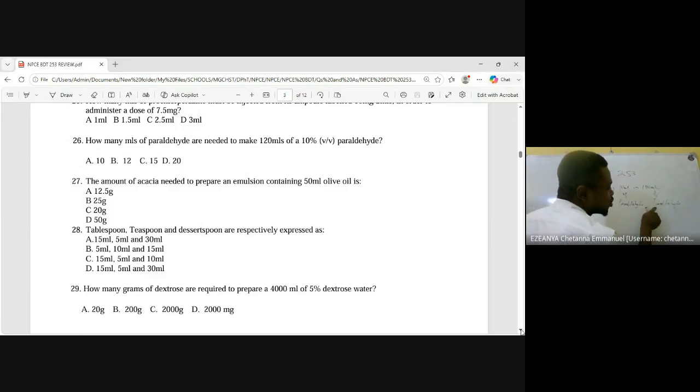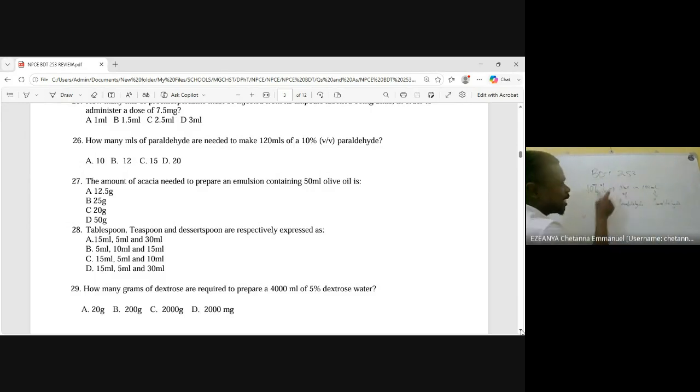This paraldehyde is no longer just paraldehyde. This is the product now, the medicine, the dosage form, the drug product. Active ingredient: paraldehyde. This is paraldehyde injection or solution, specifically an injection now, the dosage form.